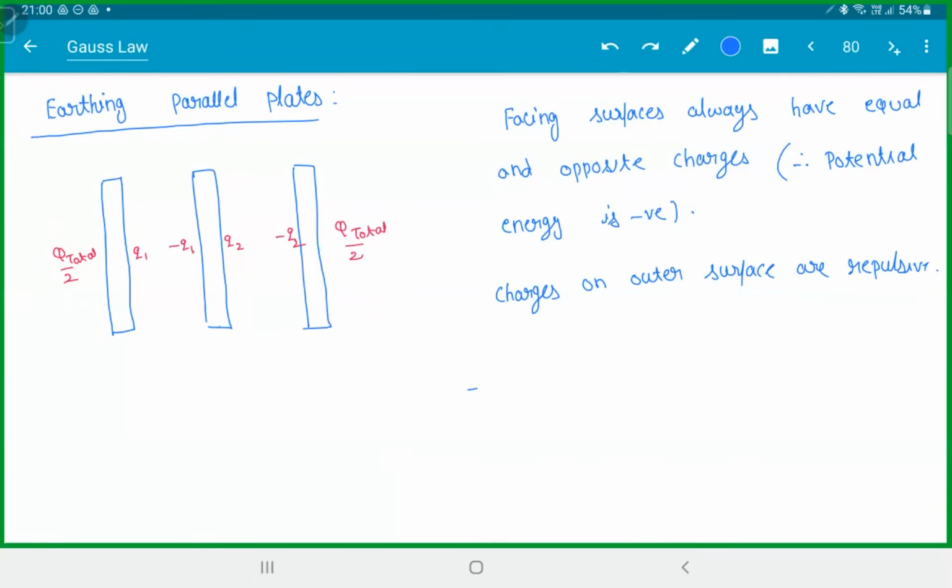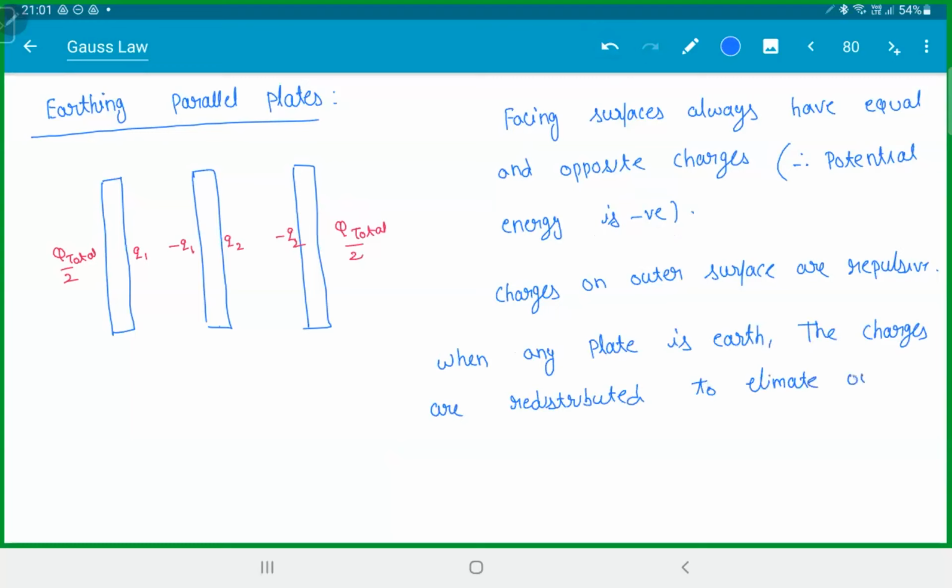They're repulsive. So when a system is earthed, it doesn't matter which plate is earthed. When any plate is earthed, the charges are redistributed in such a way as to eliminate the outside repulsive pairs because it's repulsive.